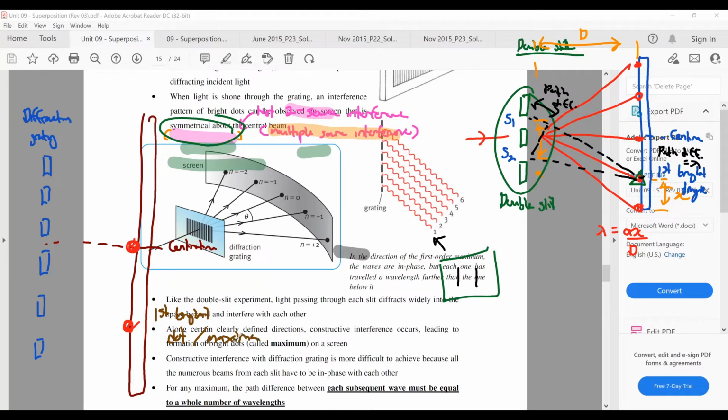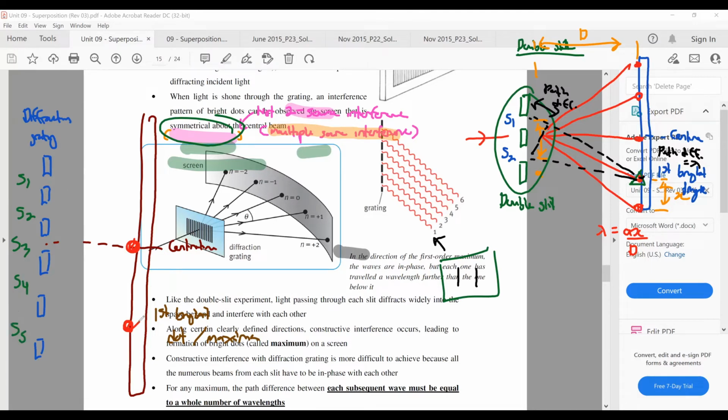Right now for the diffraction grating, as I mentioned, you do not have only two slits. You have many slits. So you could have S1, S2, S3, S4, S5, and so on and so forth.